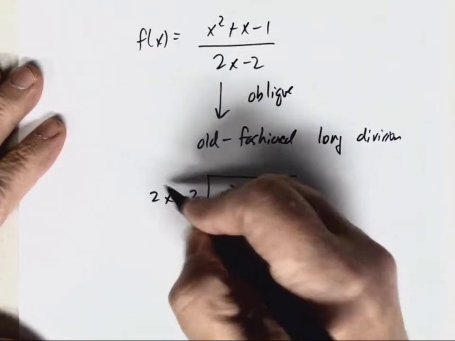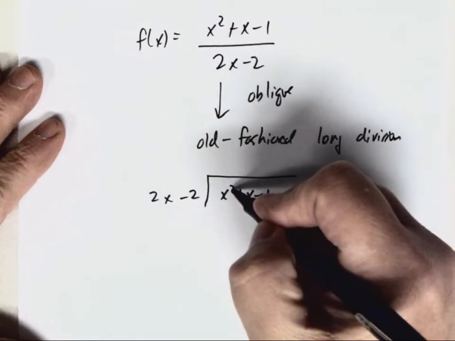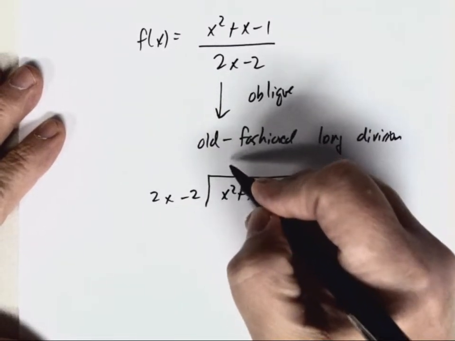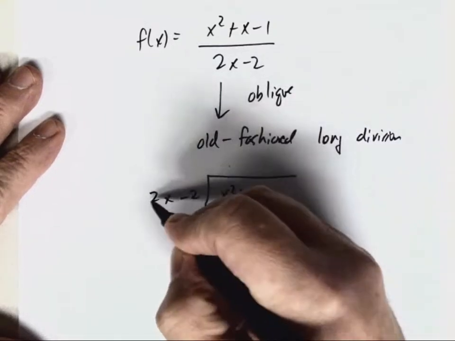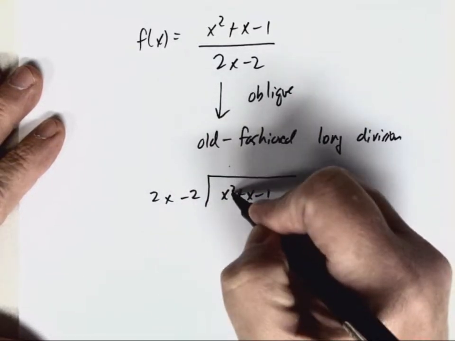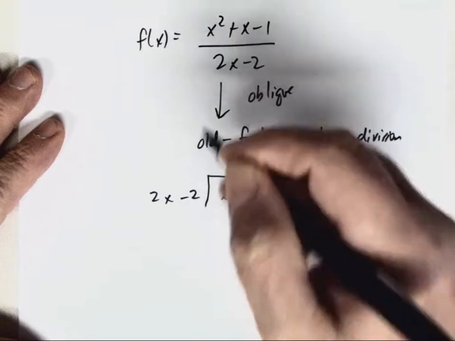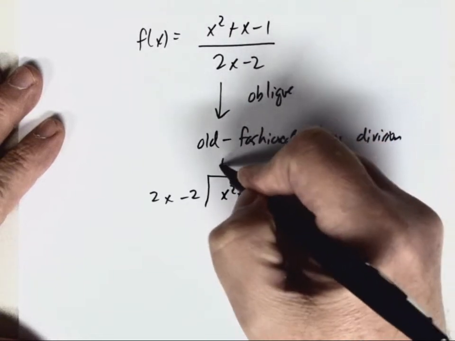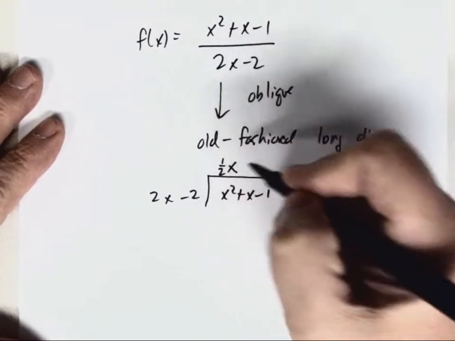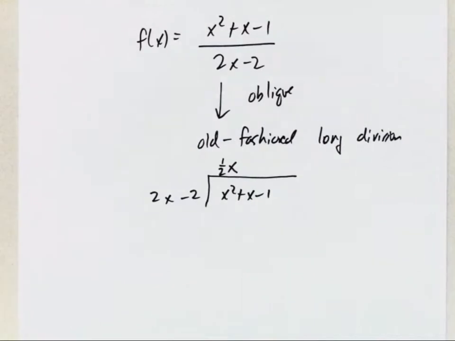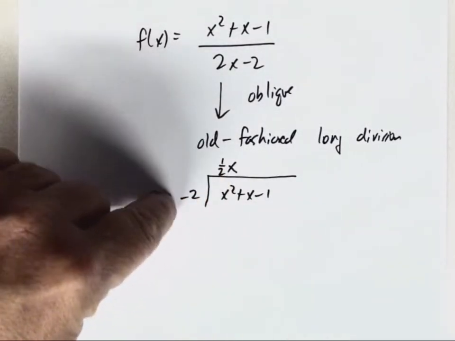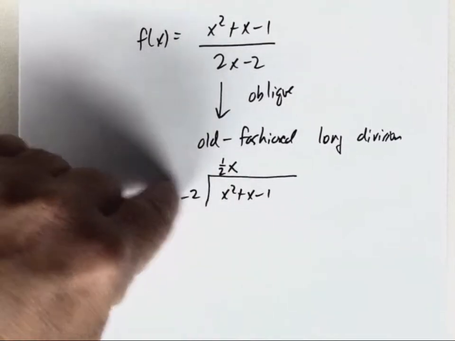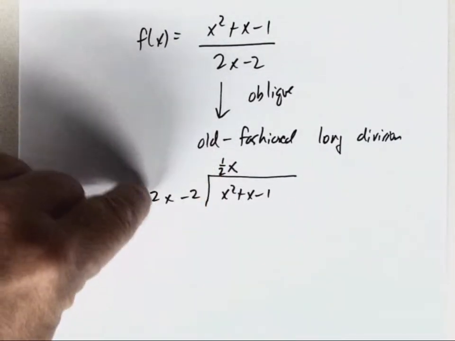In this case, you look at this leading term here and this leading term here, and you say, what times 2x would equal x squared? Hopefully you can see 1/2 x times 2x. So you get x times x, x squared; 1/2 times 2 is 1.